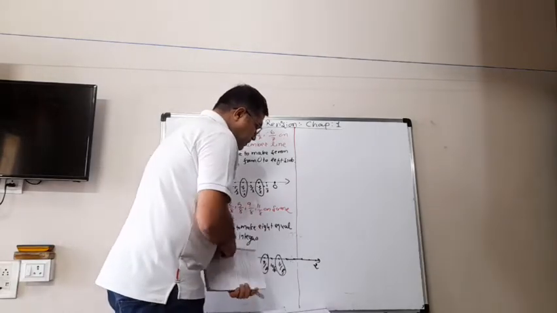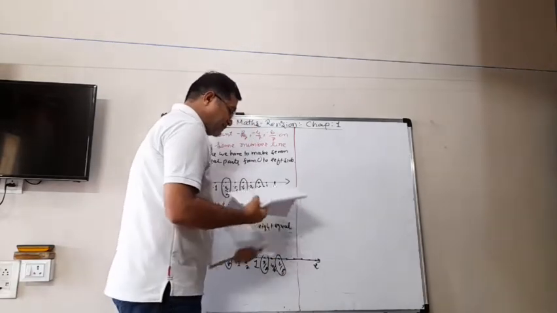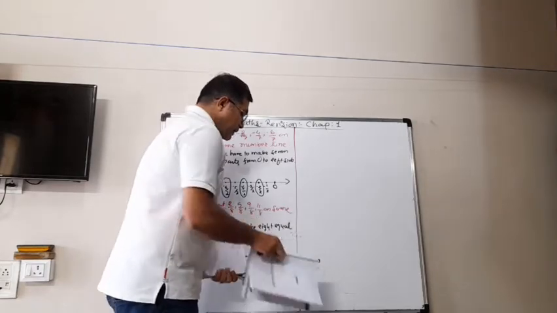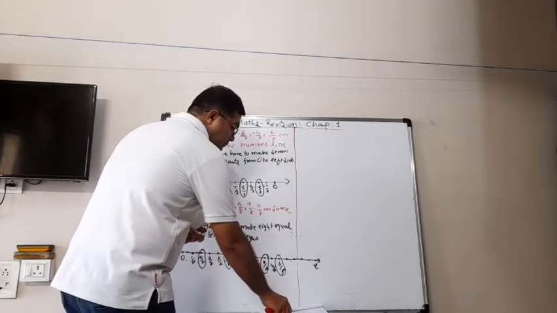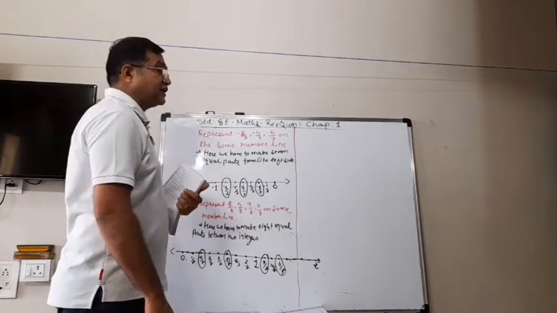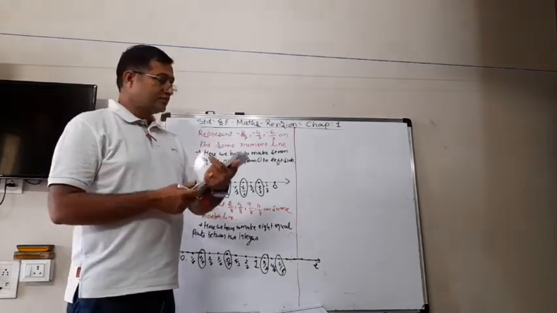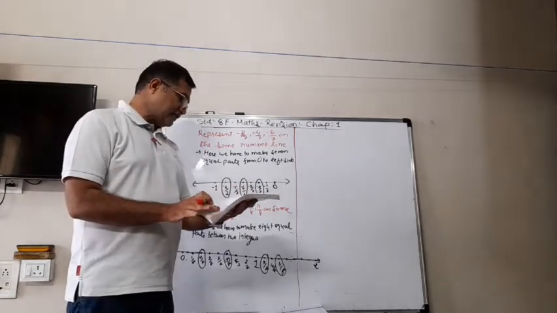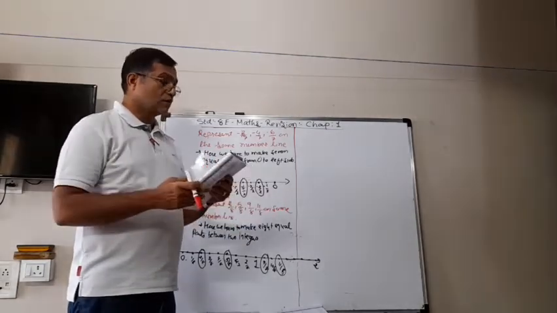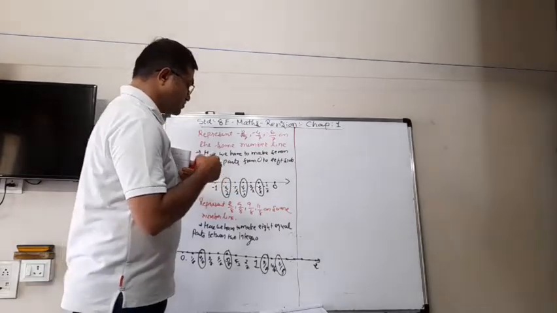Now let's take some different type of examples. Okay, we will take like that. We have to find some rational numbers between given two rational numbers. We will take that type of sum now. Okay, here is the question.